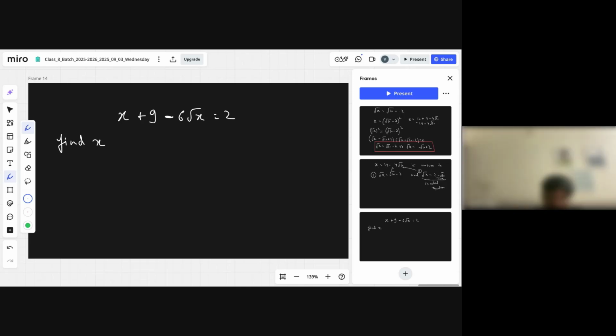Correct, Kunal. Arihant, on the right side, root 2 was there. You're writing root 2 as 2. Okay.